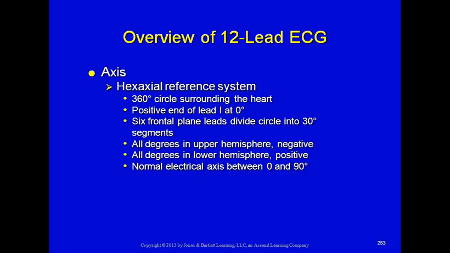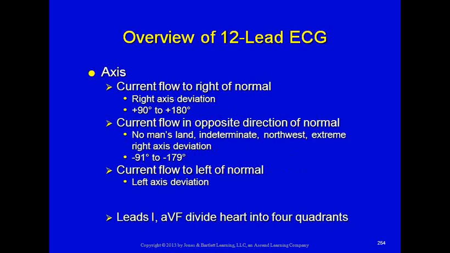All degrees in the upper hemisphere of the circle are negative, all degrees in the lower hemisphere are positive. And the normal electrical axis of the heart should be between 0 and 90 degrees. If current is flowing to the right of normal, that's called right axis deviation, and that's usually at plus 90 to plus 180.